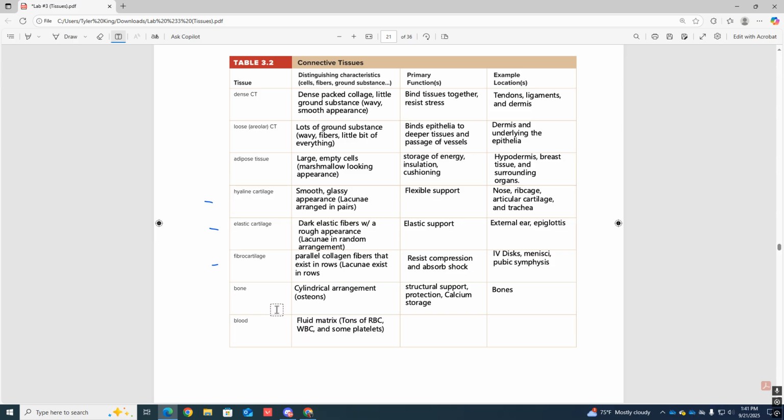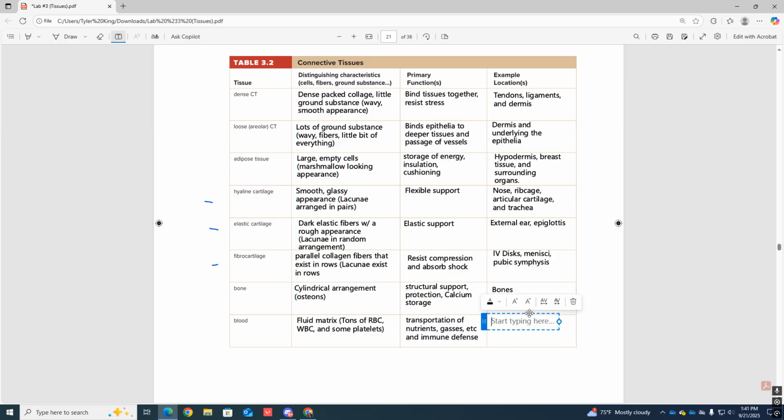Bone, blood, and adipose tissue, I think, are the easiest ones. The other 5 are the ones that just take a little bit of extra practice and a little more time distinguishing, okay? Primary function here, transportation of nutrients, gases, etc. And we'll also say for immune defense. Hence what the white blood cells are for, okay?